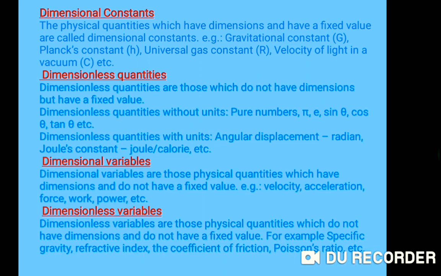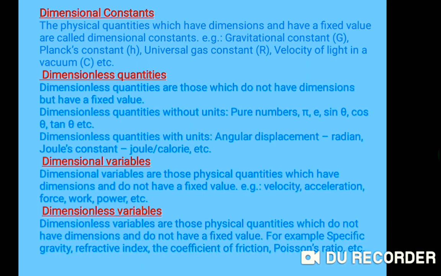Now, a few definitions are here. Dimensional constants. See, dimensional constants. The physical quantities which have dimensions and have a fixed value are called dimensional constants. Example, gravitational constant.